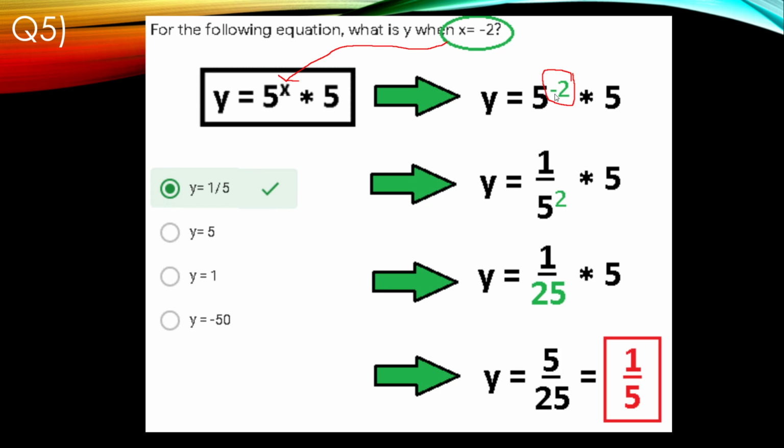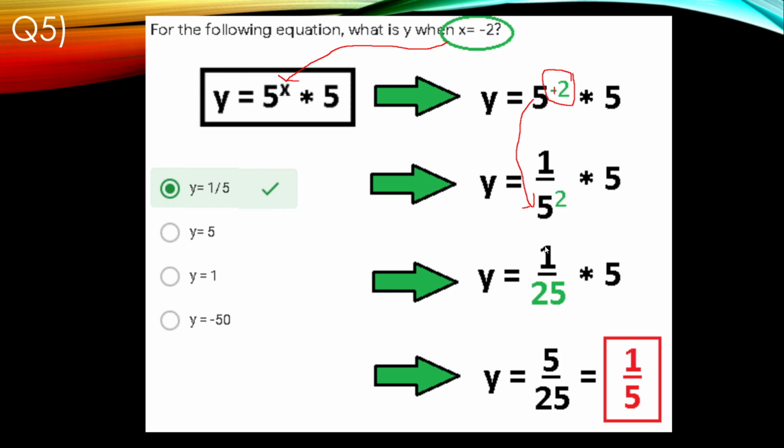We can make the negative go away by taking the reciprocal of this number. So we bring the 5 down to the denominator and square it down there. Now it's a positive 2, and it's just 1 over 5 squared times 5.